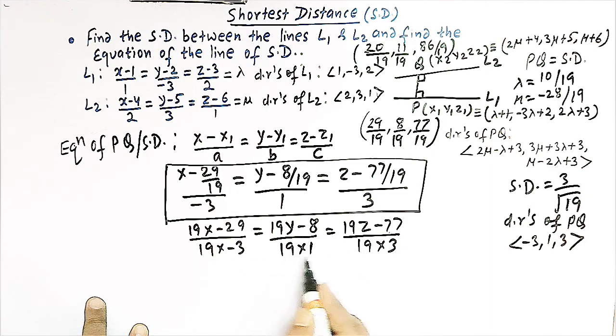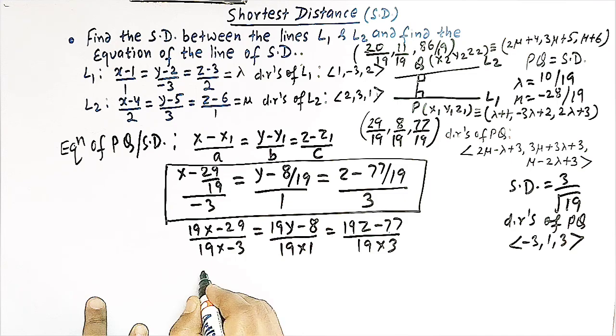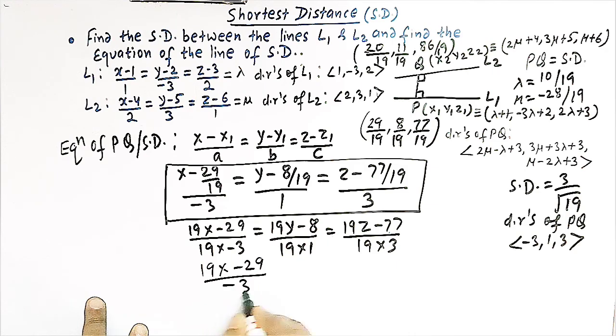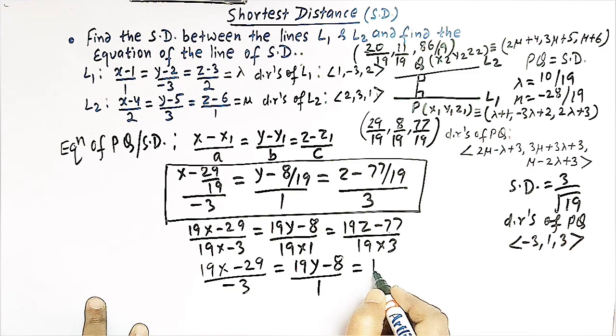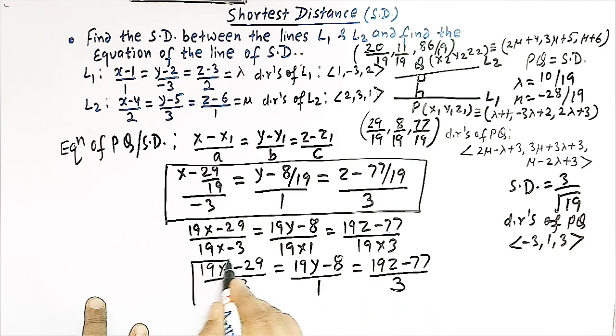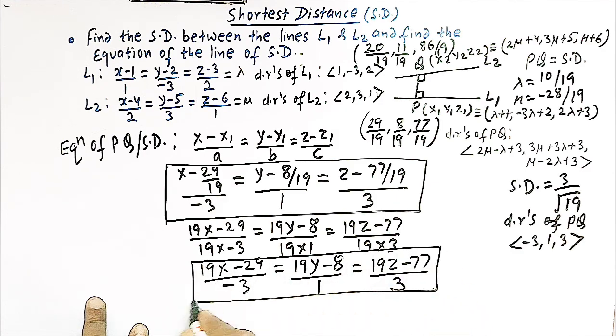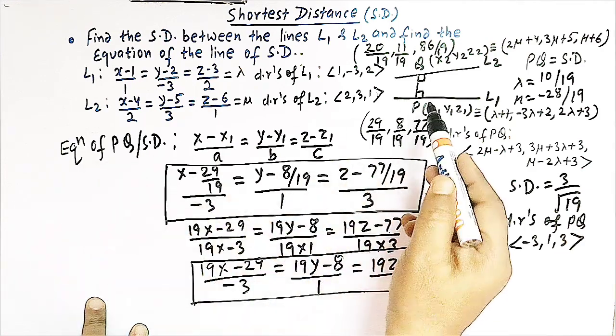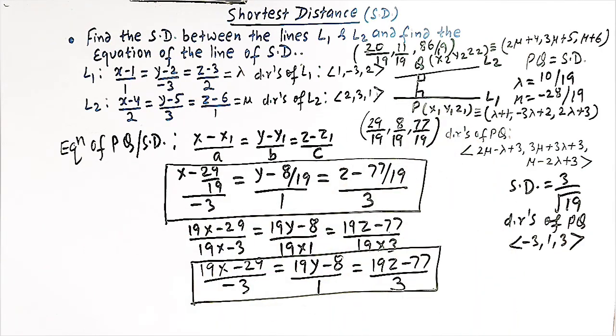So here 19 appears in all these three terms, so cancelling it, we have 19x minus 29 over minus 3, 19y minus 8 over 1, and 19z minus 77 over 3. So this is the required equation of the line of shortest distance.